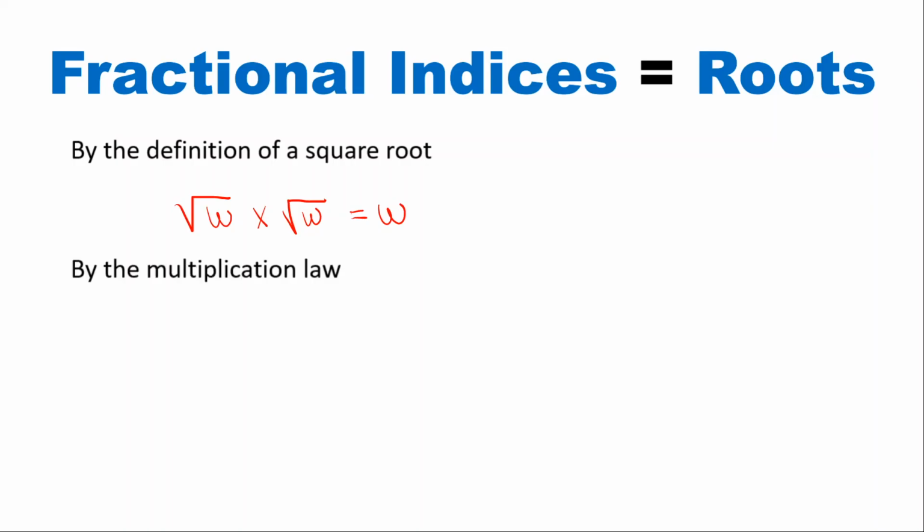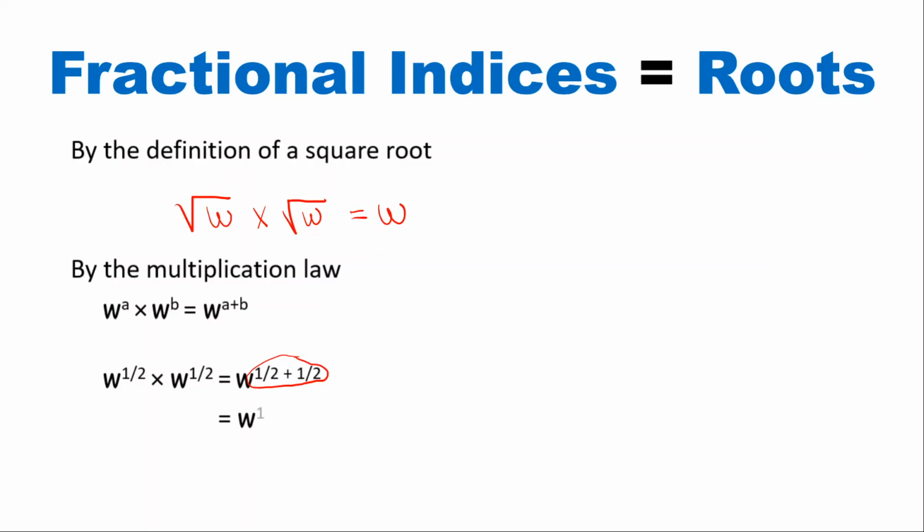Also, by the multiplication law, we know that w to the power of a multiplied by w to the power of b, since we have the same base, we add those indices. So if I use a fractional index, like a fraction of 1/2, w to the power of 1/2 multiplied by w to the power of 1/2, by the multiplication law, I would add the indices together, and 1/2 plus 1/2 makes 1.